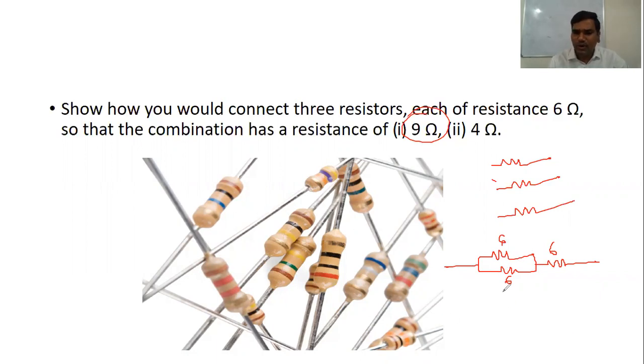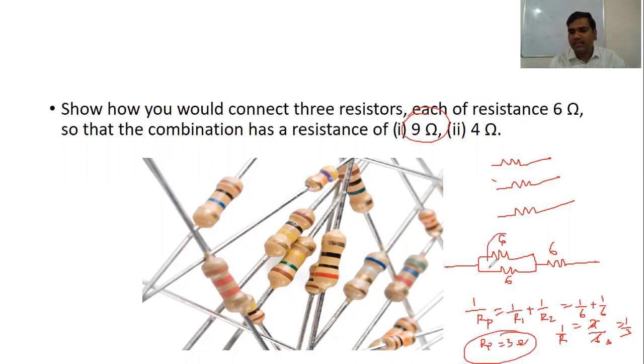Or we can use this formula if you have any doubt: 1 by R is equal to 1 by R1 plus 1 by R2. Here both the resistors are the same. That is 1 by 6 plus 1 by 6, which is equal to 2 by 6, then 1 by 3. That is equal to 1 by R. Therefore, the total parallel value is 3 ohm.